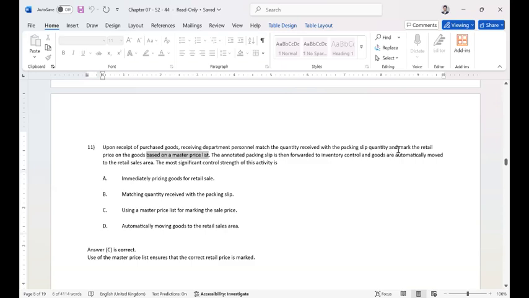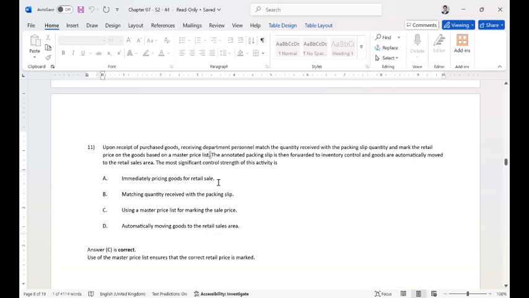When you say mark the retail price on the goods based on a master, is the pricing done at that point? I don't know. Or is it checked against the price list, already labeled and affixed? A lot of thinking to do.